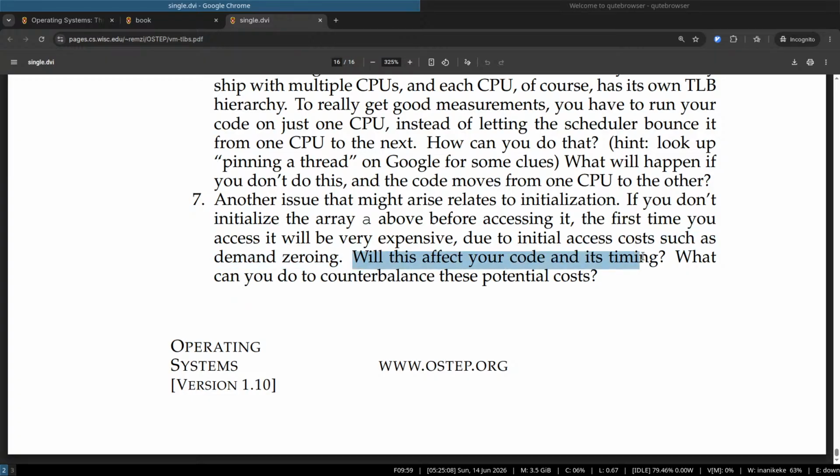Will this affect your code and its timing? What can you do to counterbalance this potential cost?